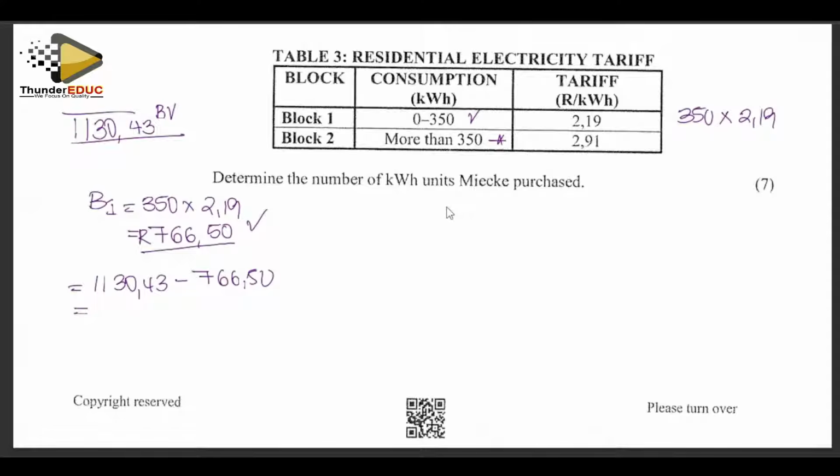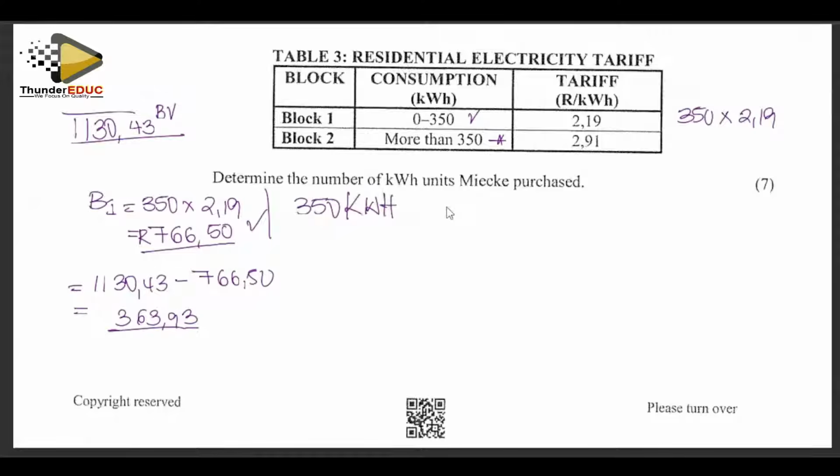363 rand 93. This comes from block number 2. So what do we do to find out the units? The 350 kilowatts we already have from block number 1.